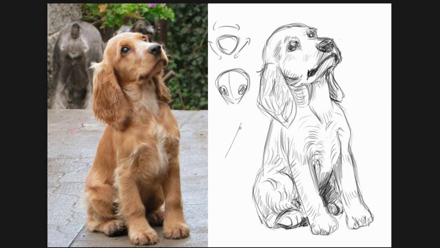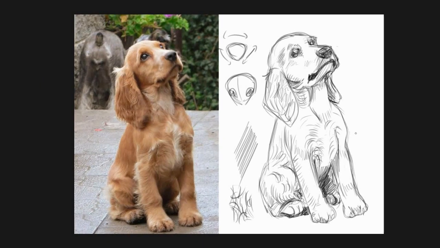So if you do these parallel lines, as compared to the example that I'm doing here, it looks more like fur, right? That randomness gives you that believability.